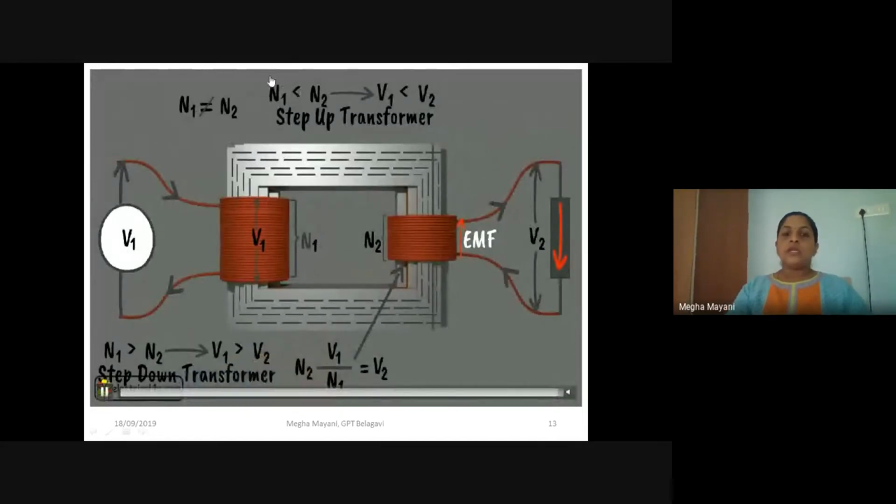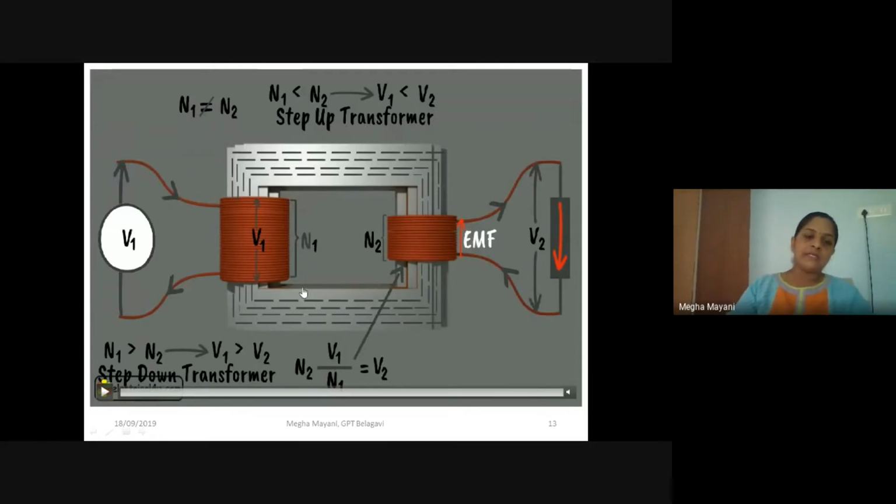Now check if N1 is less than N2, that is, the number of turns in the secondary winding is more than the number of turns in the primary winding. In that case, the voltage available at the secondary winding will be more than the voltage applied at the primary winding, and such transformers are called step up transformers.